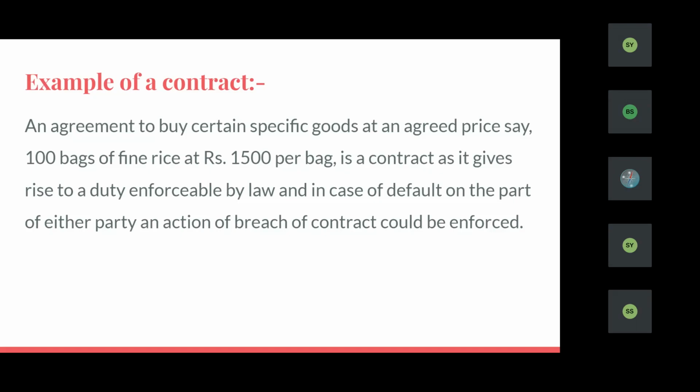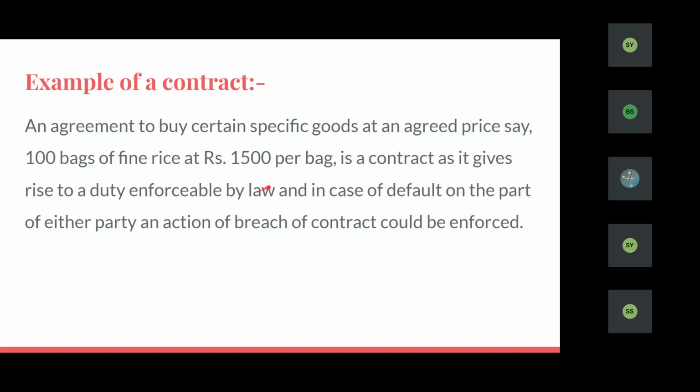You are the purchaser, and the trader who has a rice shop is the seller. Both of you agreed at 1500 rupees, so there is an agreement. It is a contract as it gives rise to a duty enforceable by law.